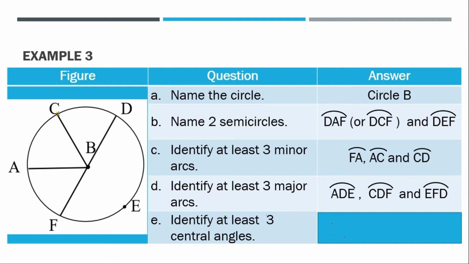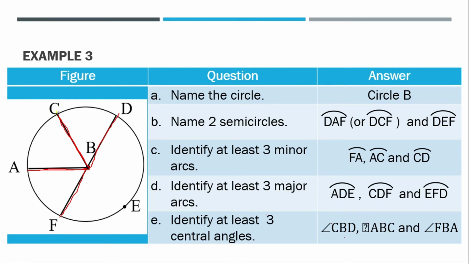So, we have here, angle C, B, D, ano pa? Angle C, B, A, ano pa? Angle A, B, F. Okay, so those are the central angles of our circle.